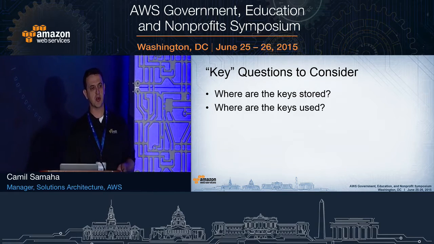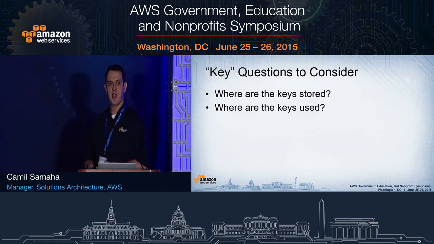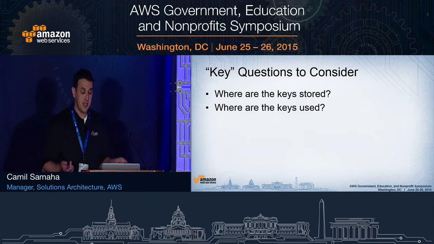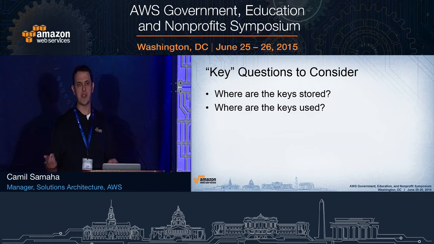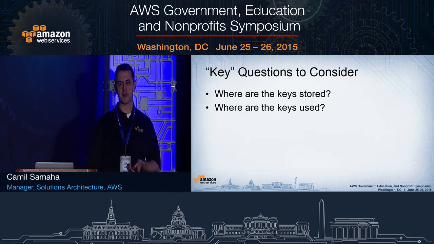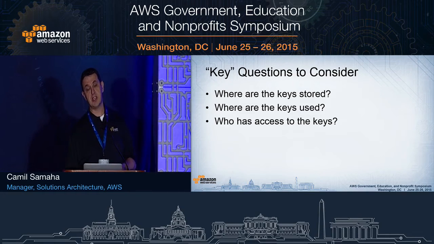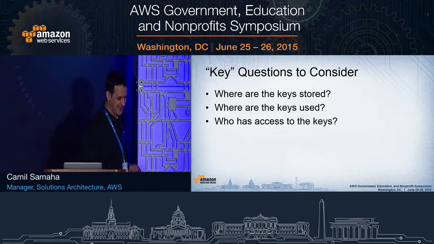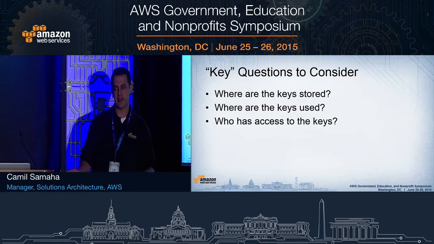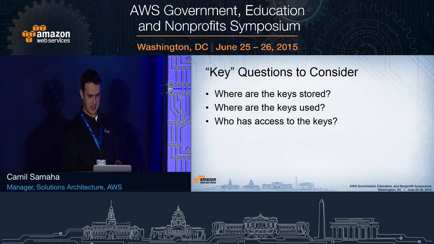So are you going to use them in your code, in your application, on hosts that you control? Are you going to put them in your code on an EC2 instance? Or are you going to use something else? A lot of those questions need to be answered before you can formulate a strategy for managing your encryption and your keys. Another key consideration is who has access to use those keys and who has access to manage those keys. And we're going to try to address some of those issues today in those talks.